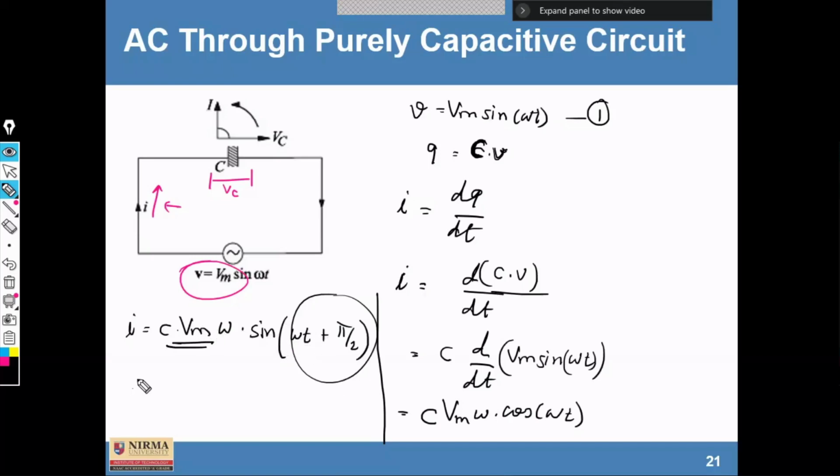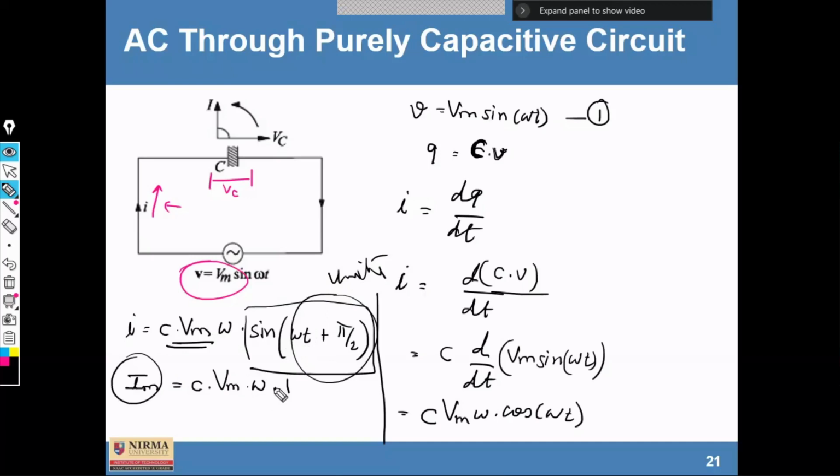So the maximum value of current can be found when this whole sine term is unity, whatever the angle is. Then we get C into Vm into omega into 1. This is the value of maximum current Im, where omega is 2 pi f.